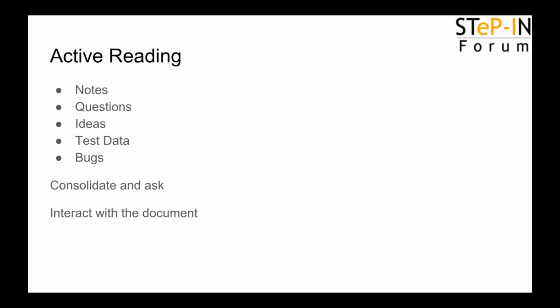Next is something called active reading. Now, what is active reading? Reading, you all know, is like you read it and then you understand and then you leave it. Active reading is you actually interact with the document. For example, when I read a requirement document, I have different colored pens and different symbols.